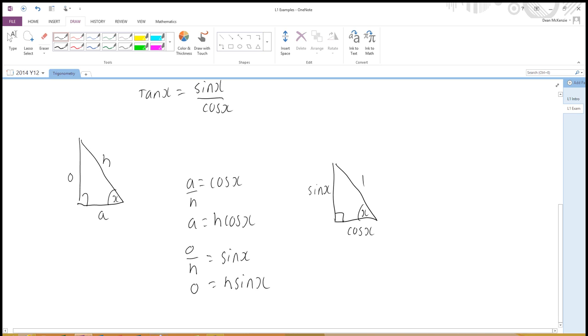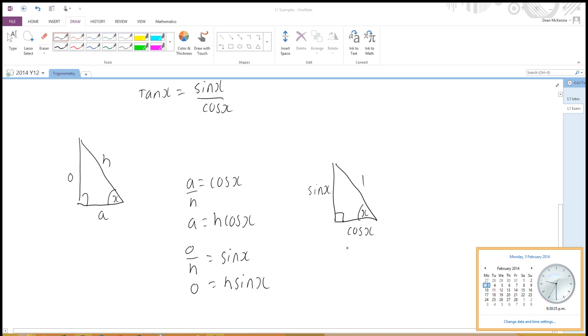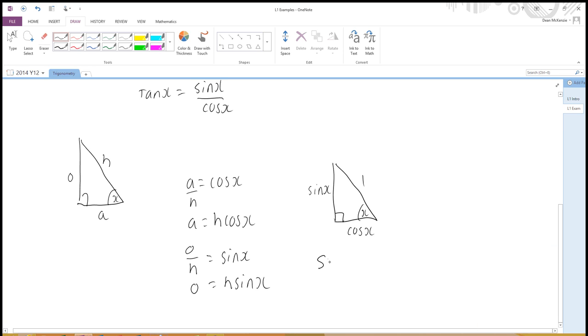And then we've got this wonderful thing, Pythagoras, with a right angle triangle, that a squared plus b squared equals c squared. So this is just telling us that sine squared x plus cos squared x equals 1. And that's one of the major identities that you get in trigonometry, and that is one of the major things that we're going to be doing in year 13 mathematics.